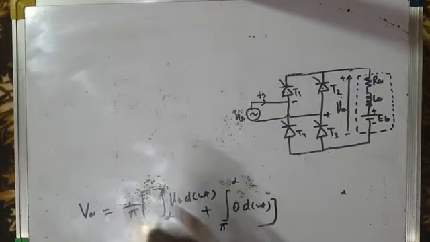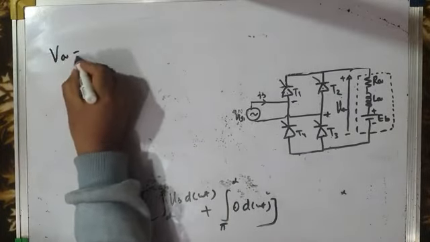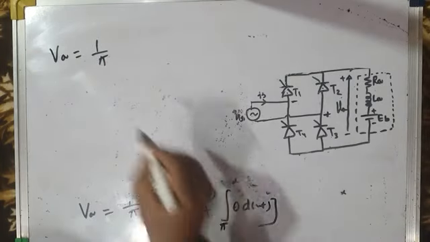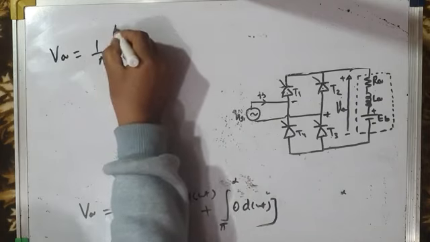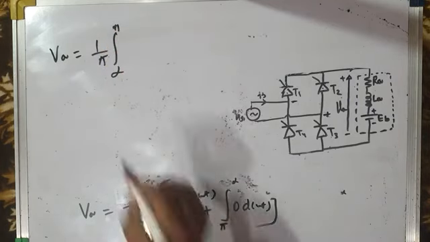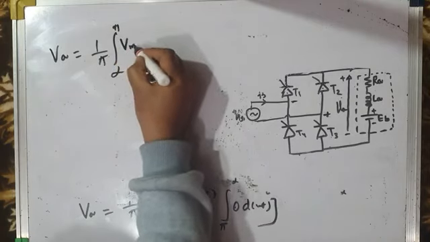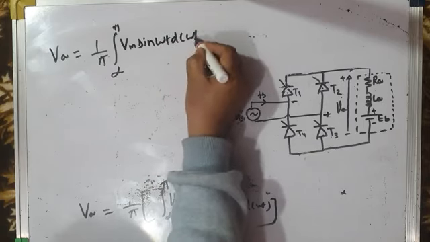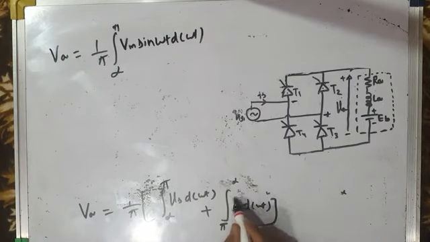And now we can simplify this. We can write like this: average armature voltage or average load voltage is equal to 1 by pi. Then integral of this is alpha to pi. Vs is the source voltage. And what is Vs? Vs is equal to Vm sine omega t, because source voltage is sinusoidal. So it is Vm sine omega t d omega t plus 0. So second is 0 because during freewheeling interval load voltage is 0. So this second term is 0.